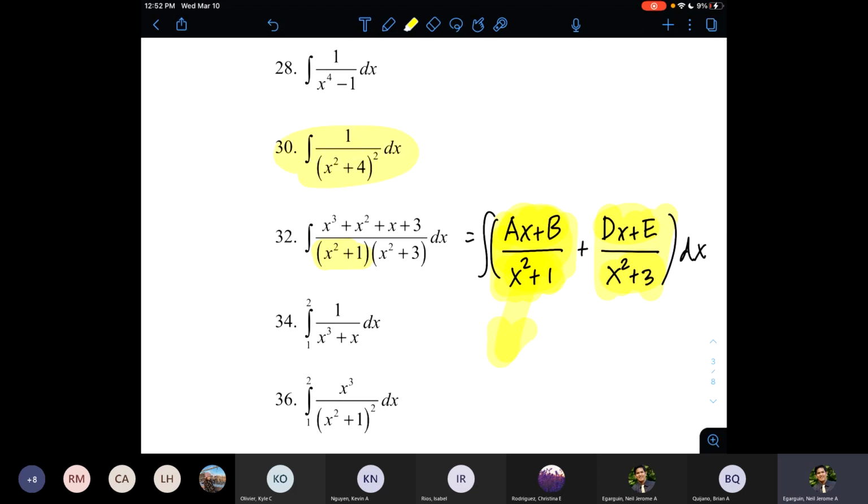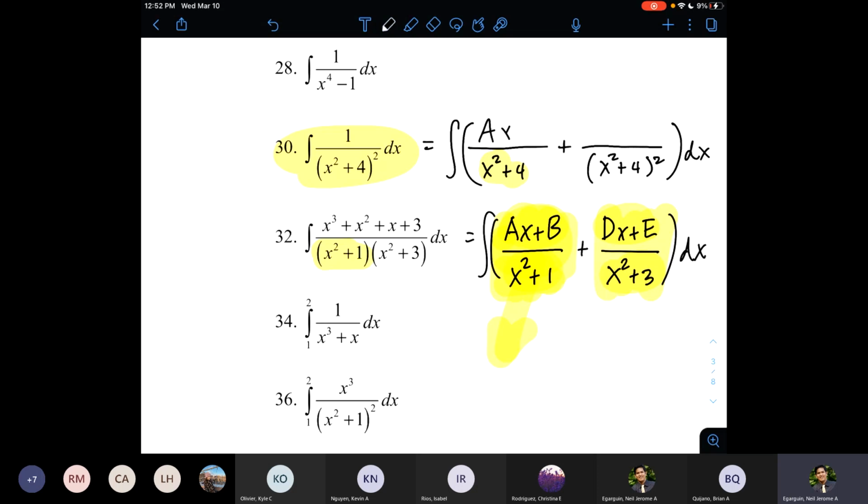Another interesting case is this. You have a repeated quadratic factor. So the decomposition here will look like, okay, I have x squared plus 4. It's repeated twice, so it will get 2 factors in the decomposition. And then the numerators of these little fractions will be 1 degree less than the original factor's degree. So the original factor here is x squared plus 4.